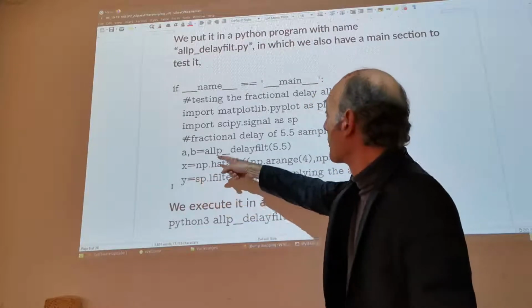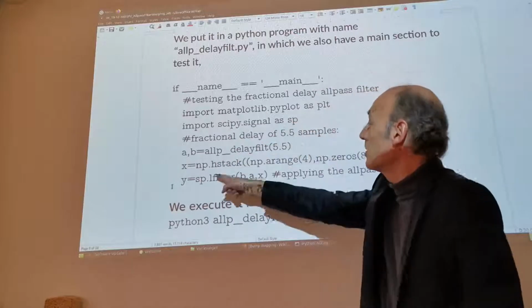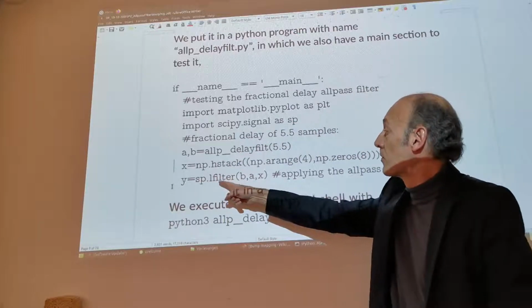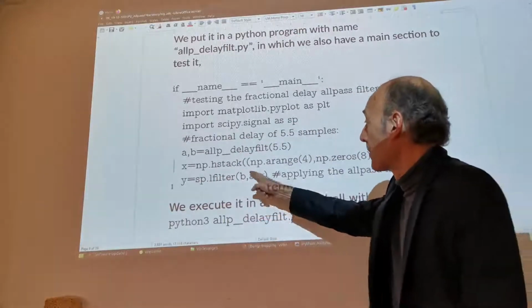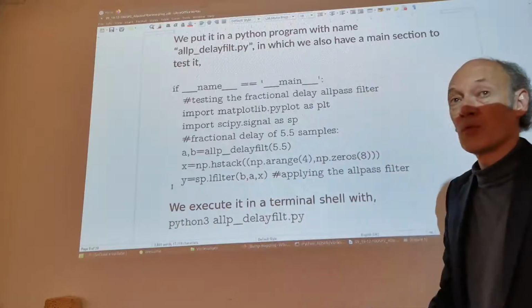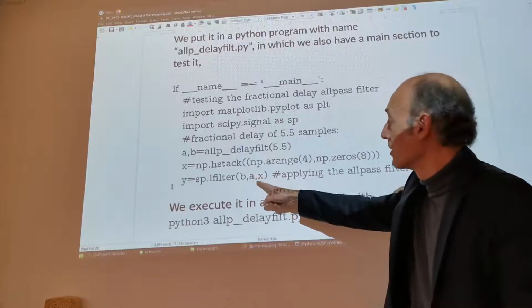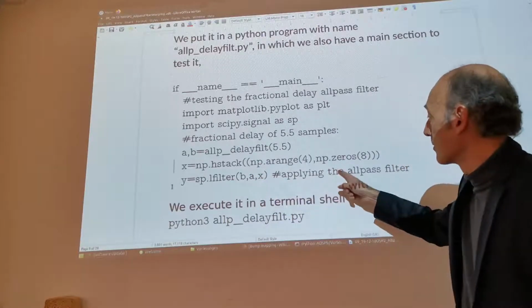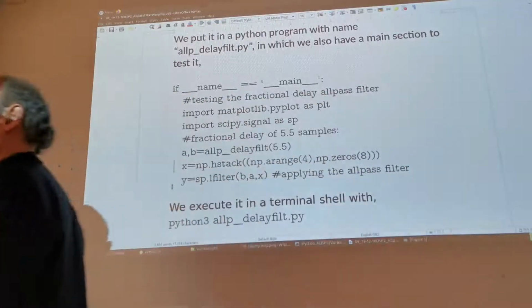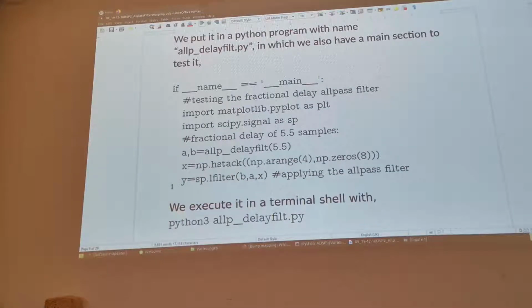This is coming from SciPy signal, you see here. And so it uses our linear filter. Here B is the feed-forward part, A is the feedback part, computed from our function, and x is our test function. So out comes y, and y is the delayed version.